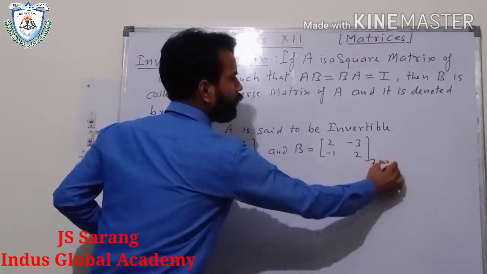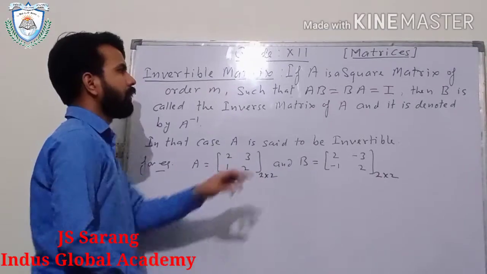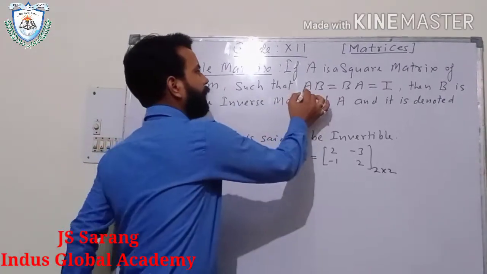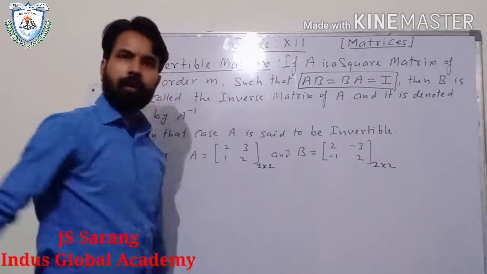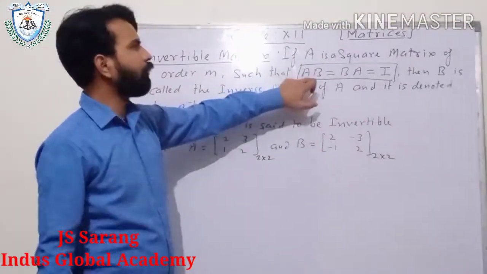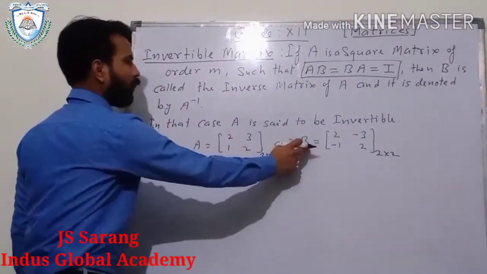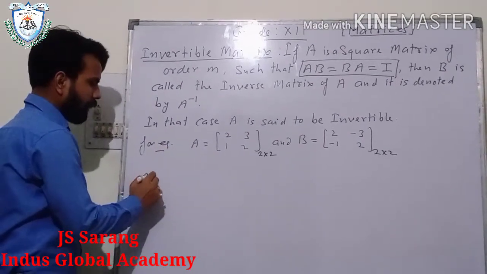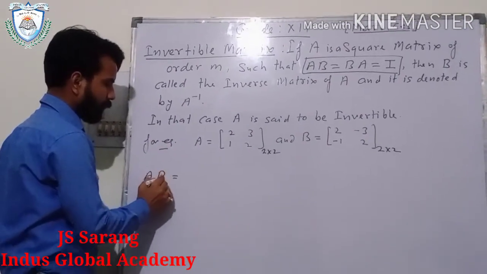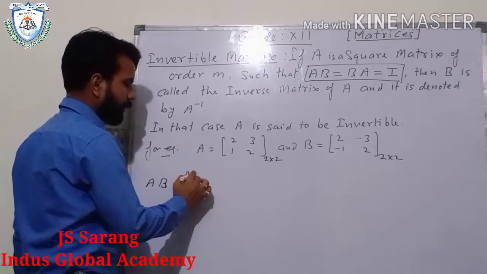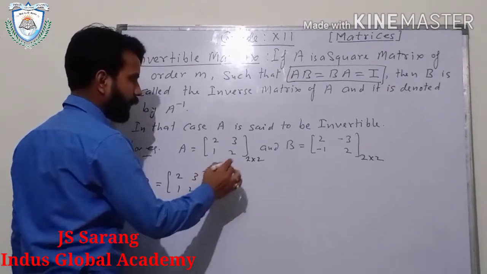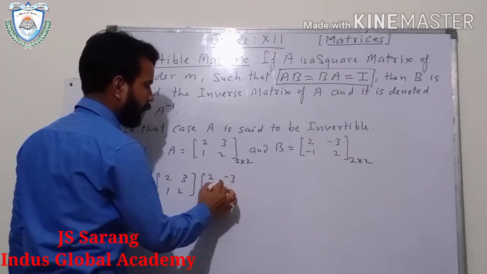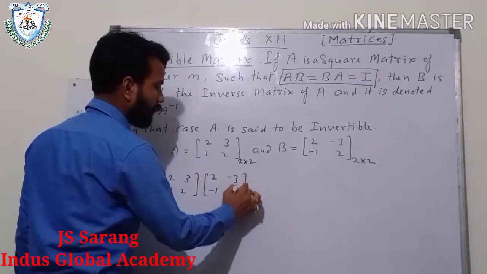The condition for being invertible is AB is equal to BA is equal to I. So if we want to find the product AB, A matrix is 2, 3, 1, 2 into B matrix 2, minus 3, minus 1, 2.